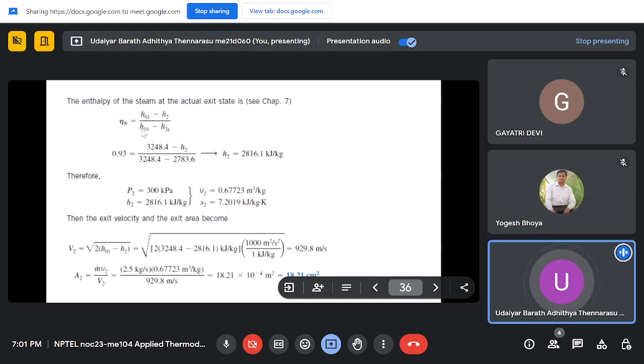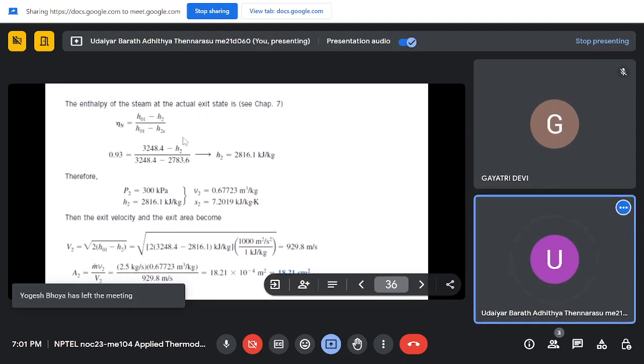We know H01 and H2s, and the nozzle efficiency is 0.93, the stagnation enthalpy at the inlet is 3248, and H2s is 2783. On substituting, we get H2 as 2816.1.